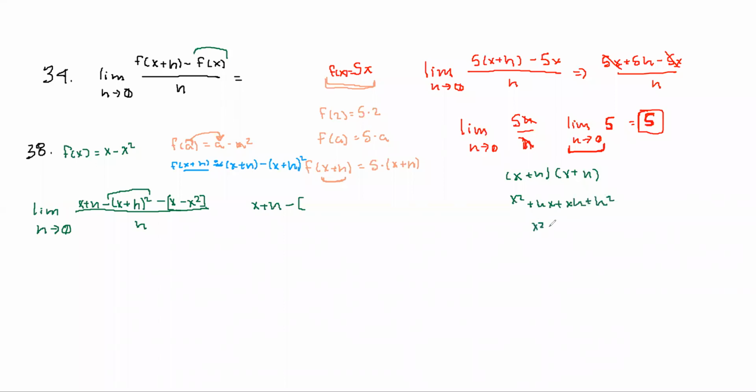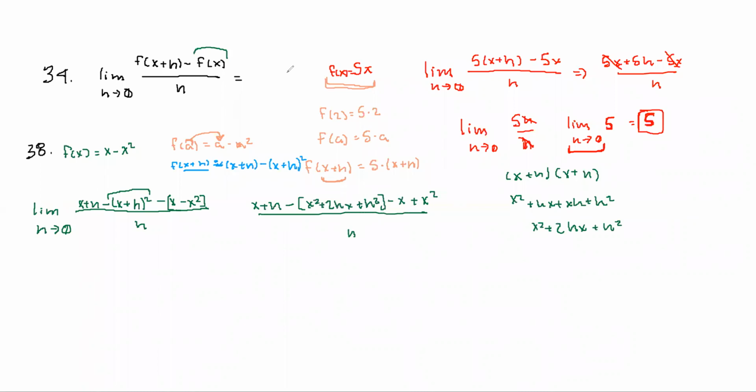So this is x squared plus 2hx plus h squared, right? So I'll end up with x squared plus 2hx plus h squared minus x plus x squared, over h.